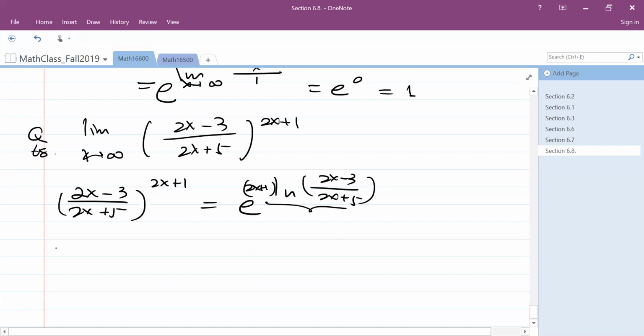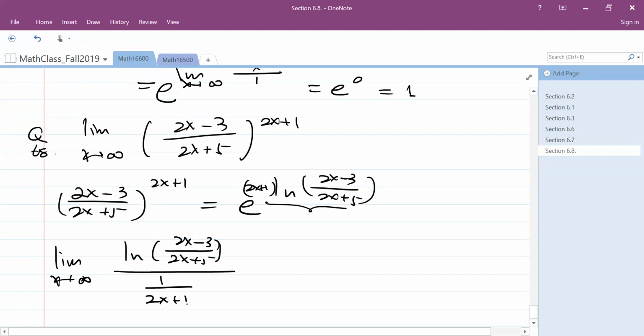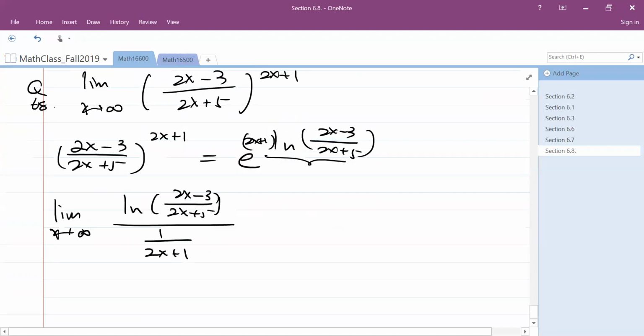So it's the natural log of (2x minus 3 over 2x plus 5), and then here's 1 over 2x plus 1. Well, this is a really complicated limit.